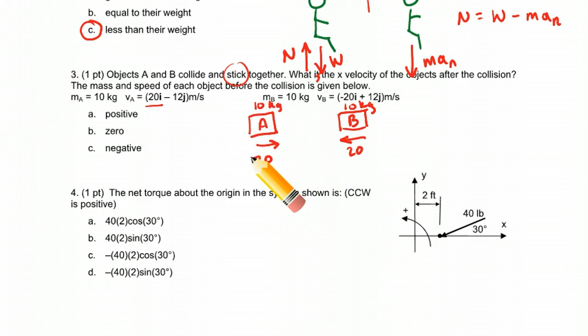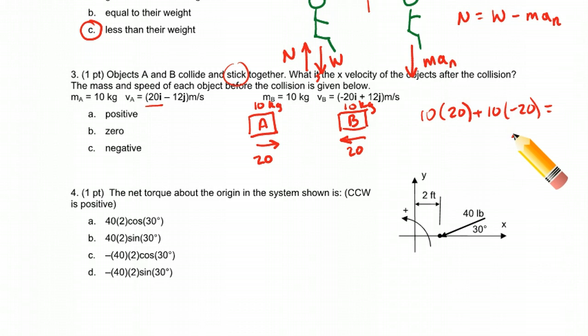Again, you don't have to do this for the test, but the momentum equation would be 10 times 20 plus 10 times minus 20 is equal to 10 plus 10, the combined mass, times the final velocity. Alright, so the left hand side of the equation here is 0, so V prime would be 0.